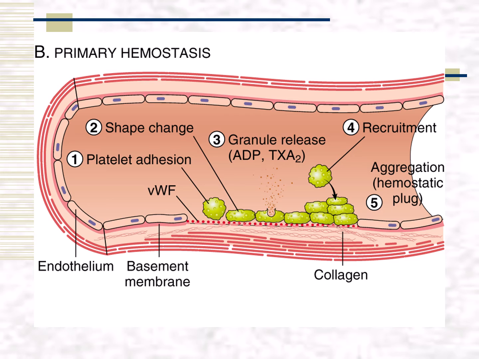Number 4, they recruit more platelets to make the platelet plug bigger so it can cover a wider area for bleeding prevention. So it results in aggregation, and the resulting structure is then called a hemostatic plug.